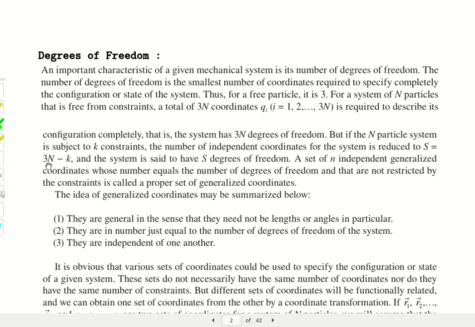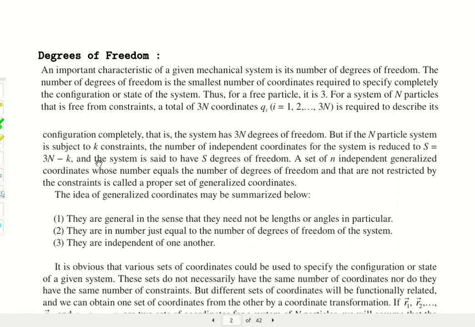So 3n will be the degrees of freedom, but if there are some constraints and the number of constraints is k, then the degrees of freedom will be reduced by k, and the net degrees of freedom will be 3n minus k.